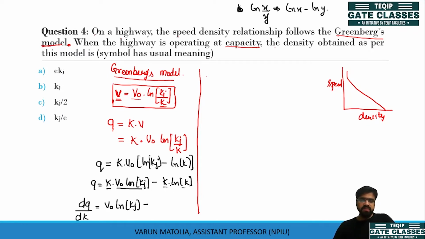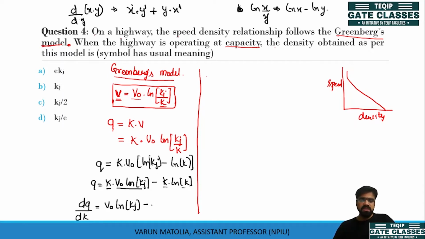Now the second differentiation will be differentiation of xy, so we can write it as x times differentiation of y plus y times differentiation of x. So in this equation, we will do the differentiation in this way.